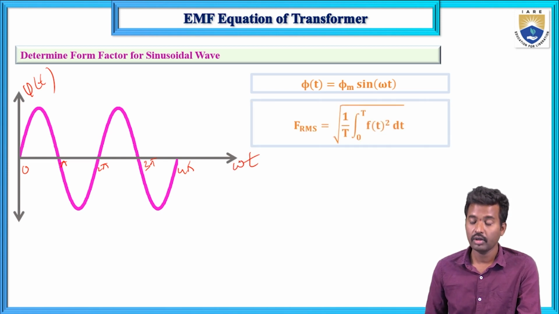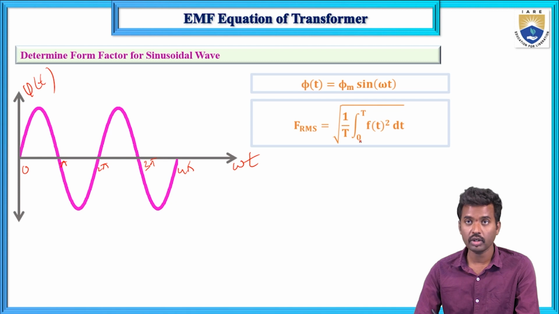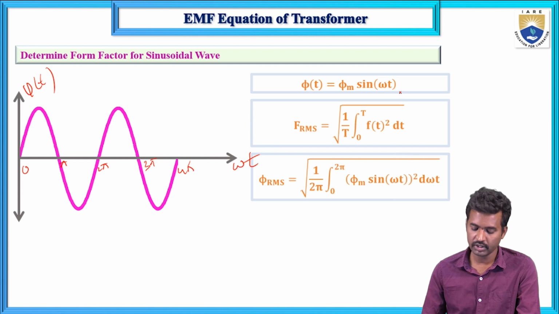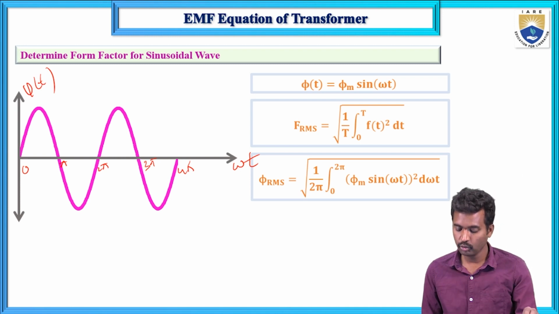Now here, RMS value, for symmetrical and asymmetrical, consider the full cycle. Here 1 by T, 0 to T, F of t square dt. Here the function is the flux, phi RMS equals square root of 1 by 2 pi. Here 2 pi is the full cycle time period, 0 to 2 pi, phi m sin omega t whole square d omega t.